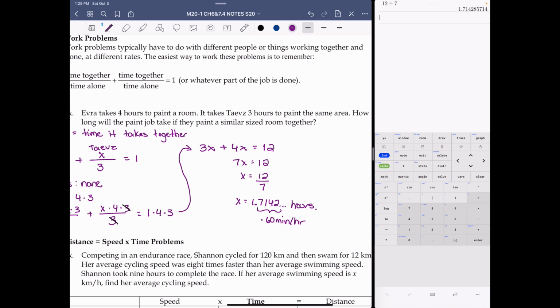If we take our answer and subtract 1, we're left with just the decimal. If we times that by 60, we get 42.85. So x equals 1 hour and 43 minutes if we round to the nearest minute.